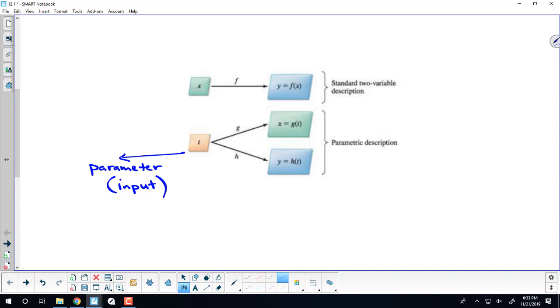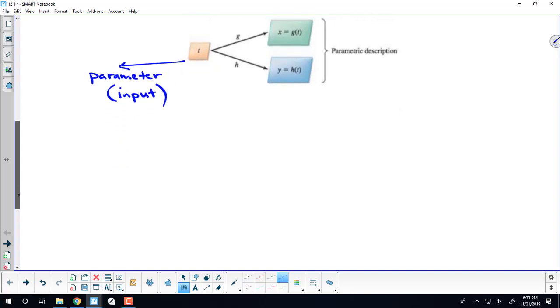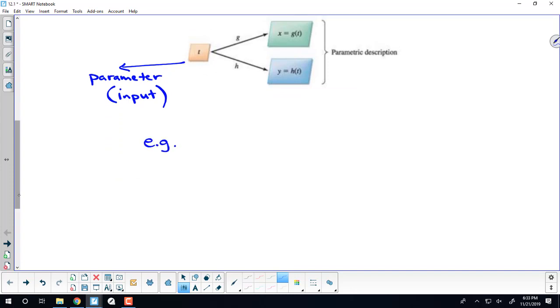And we'll look at a bunch of different examples, but for example, we might have x of t being something like 2t plus 1, and y of t being something like t squared.